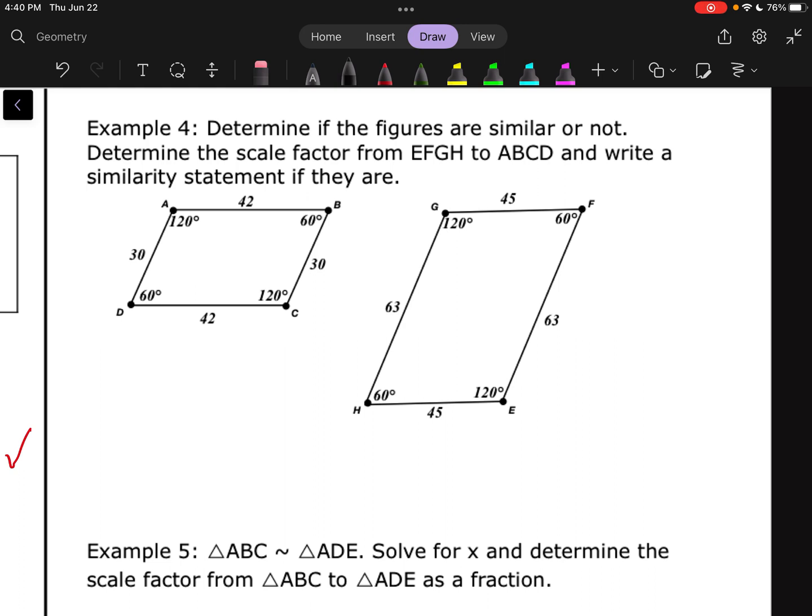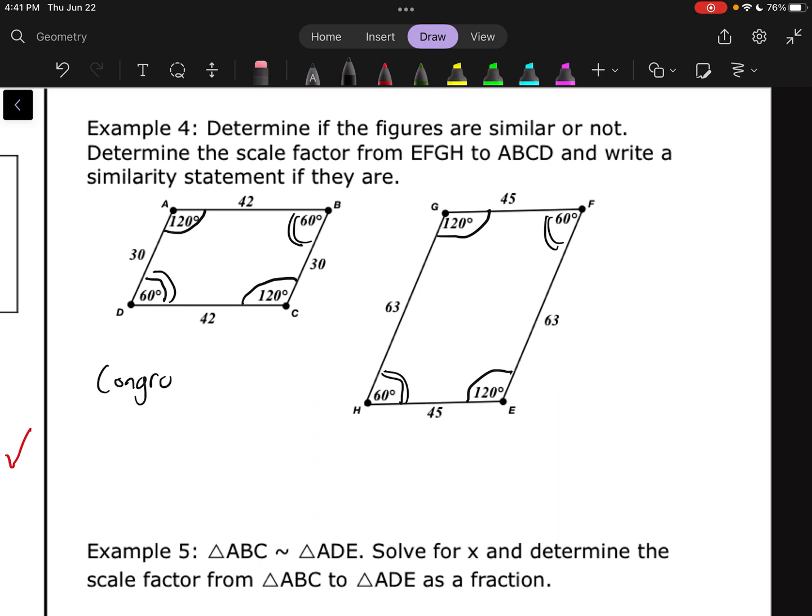Angle A and C seem to be congruent to G and E, so that's good. And then angle D and B are congruent to H and F. So I don't really know exactly how these things correspond right now, but I do know that the angles are congruent.